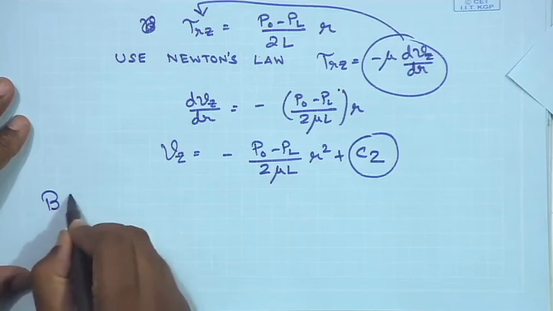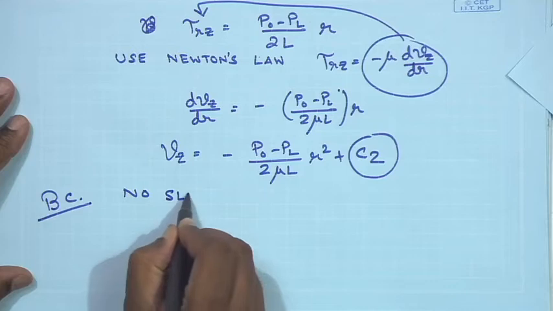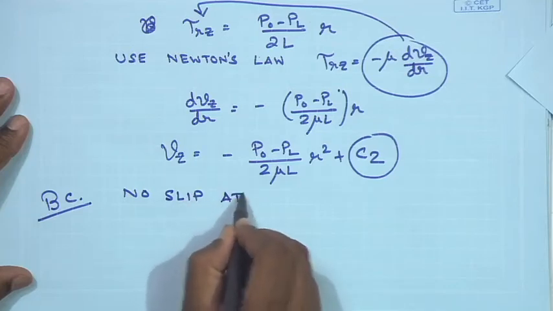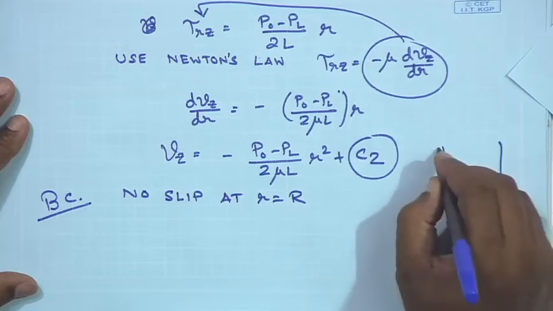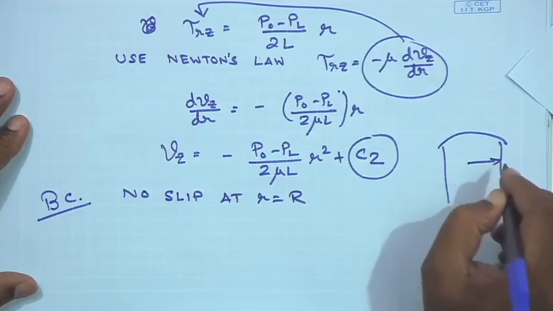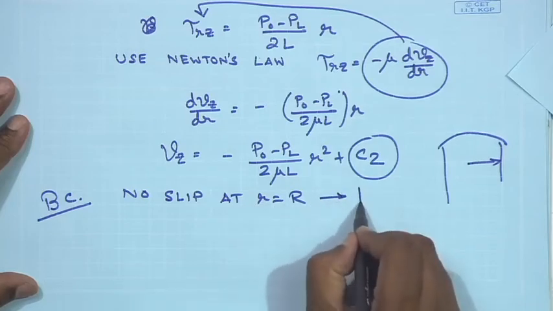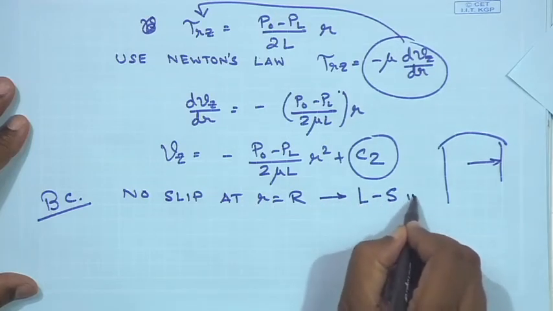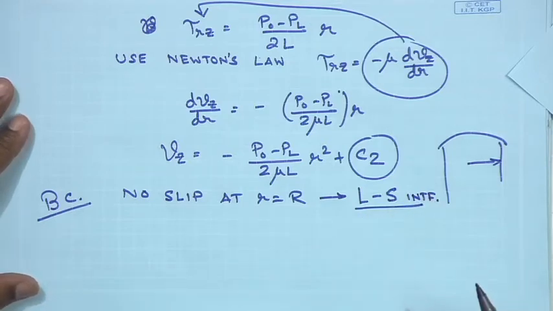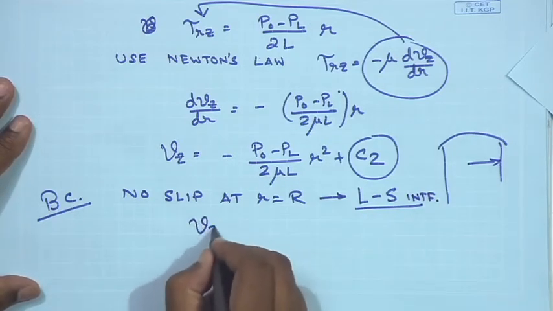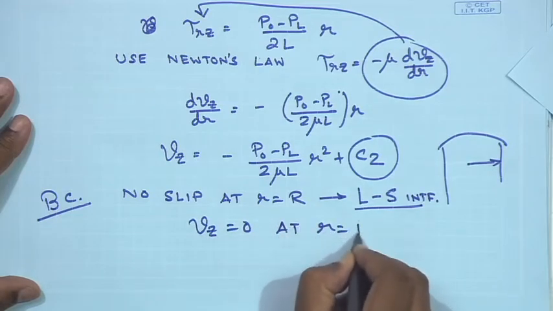You need a boundary condition, and the boundary condition that is available to you is no slip at small r equals capital R, because when small r becomes capital R, then you essentially have a liquid solid interface, and at a liquid solid interface the relative velocity is 0. So, you would have Vz equals 0 at small r equals capital R.